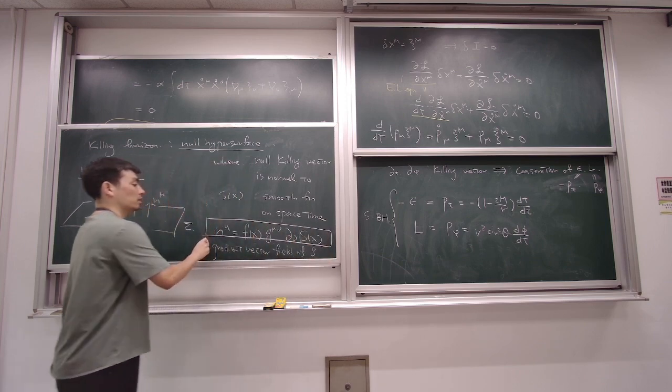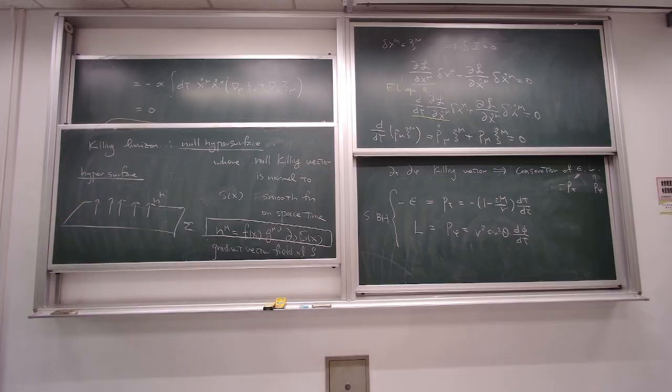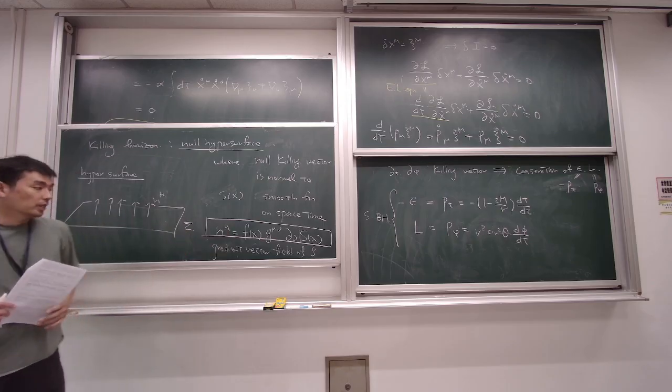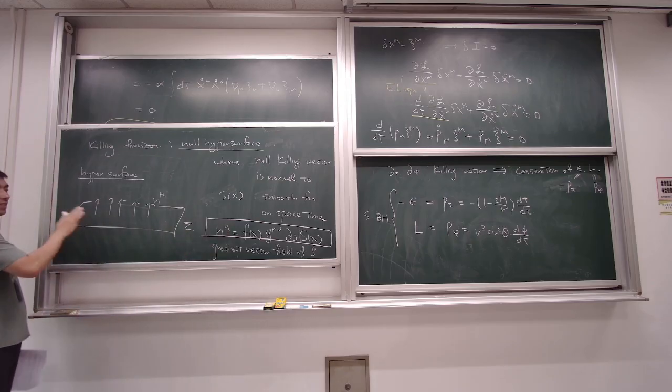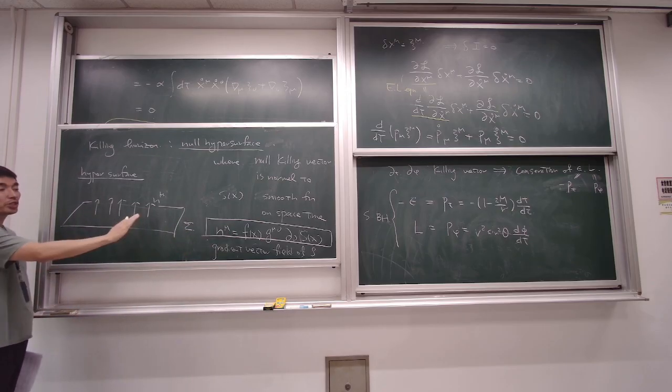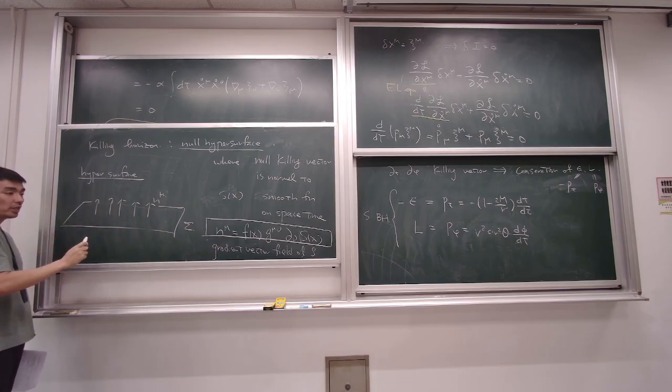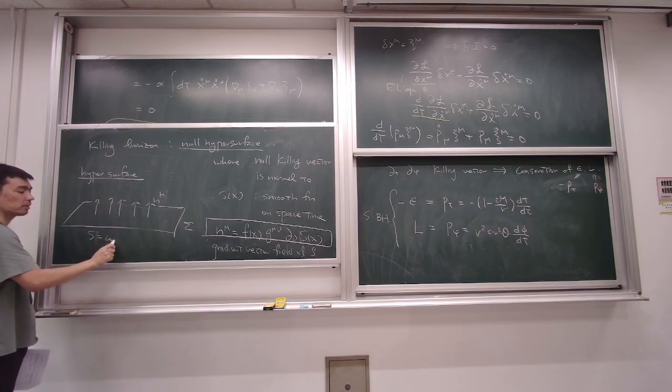Okay. So you just define the gradient vector field n of mu. Then this sigma, the hypersurface which is normal to n mu, is in fact the S is a constant surface.